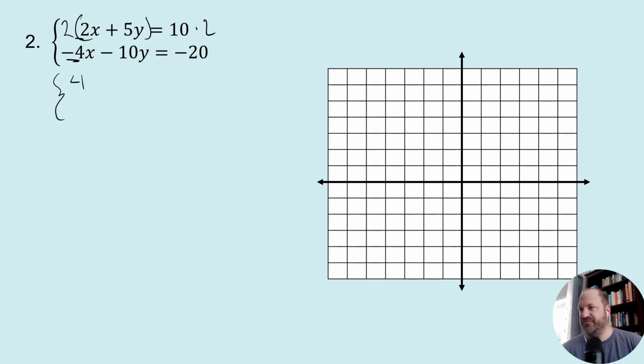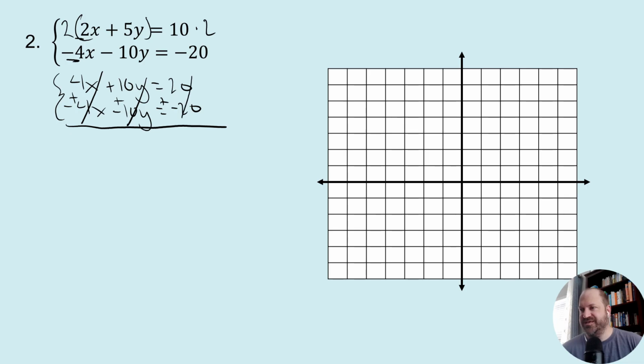Our new system is going to be 4x plus 10y equals 20, and then negative 4x minus 10y equals negative 20. Our next step, add, and then everything basically cancels out. We get 0 equals 0, which is a true statement since the left side and the right side are equal to each other. That means any value we put in for x and y is going to be true, so we have an infinite number of solutions.